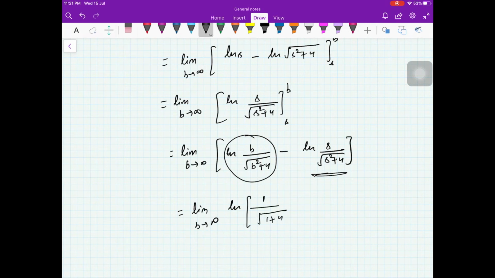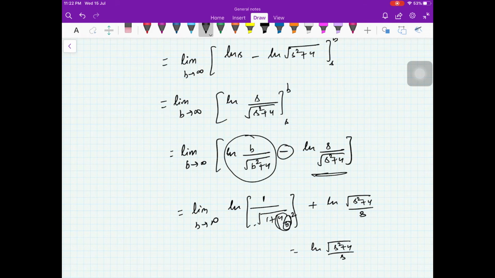So this is log of 1 upon square root of 1 plus 4 by b square. The minus sign I can use here to make it plus log of the second term, because there is no b there, I can just keep it aside. Now as b goes to infinity, this is log 1, that is 0. So your answer is log of square root of s square plus 4 by s. Right? So you see, this is how you can solve the problems.